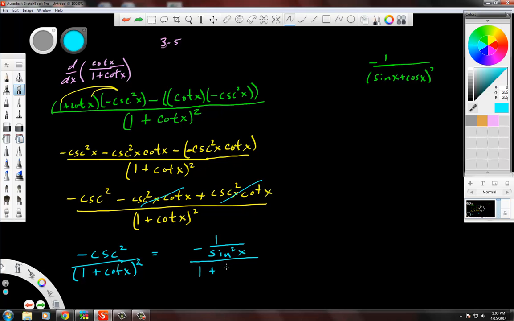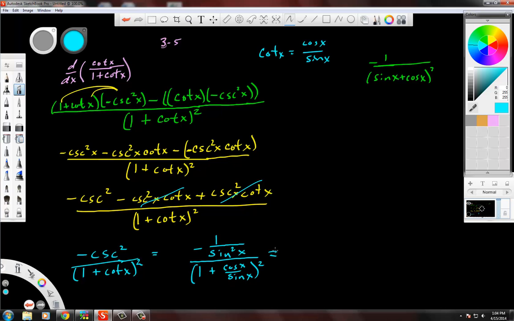Instead of cotangent, I'm going to write it as cosine over sine. So the cosine of x over the sine of x, quantity squared. And that's because there's a rule that says the cotangent of x equals the cosine of x over the sine of x. I put that in there because I want to see if I can get some stuff to cancel.